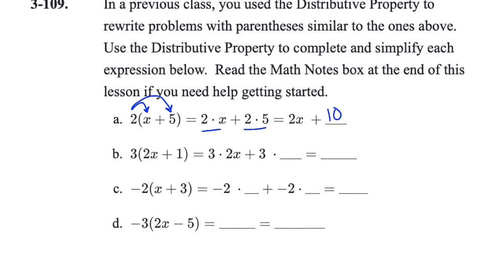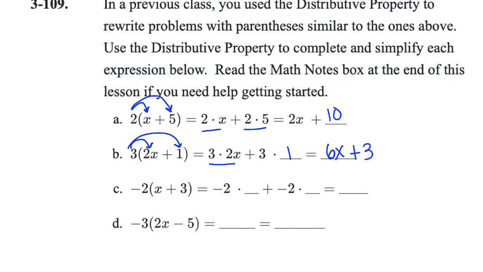Part B, 3 times 2x, 3 times 1. So if I have 3 piles with 2 x's each, that's 6x, and then 3 times 1 is 3. Now this works with negative tiles too, negative on the outside.